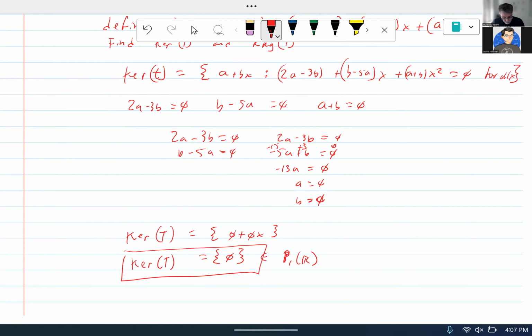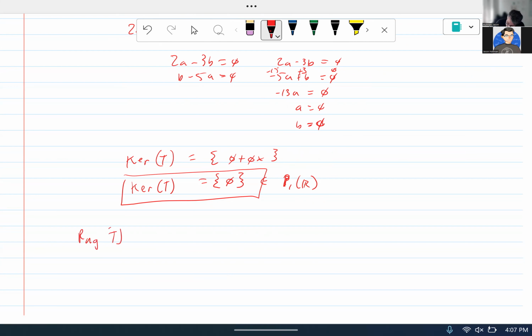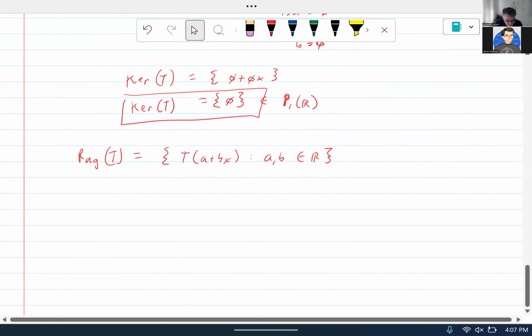Okay, what's the range of T? What's the output going to be? The range of T is equal to all the outputs of T, the transformation of A plus BX, such that A and B are real numbers.